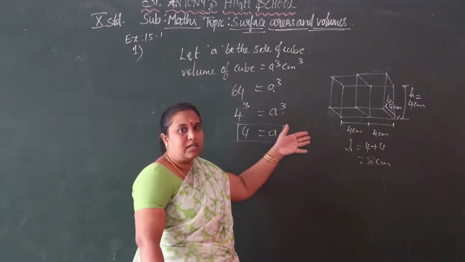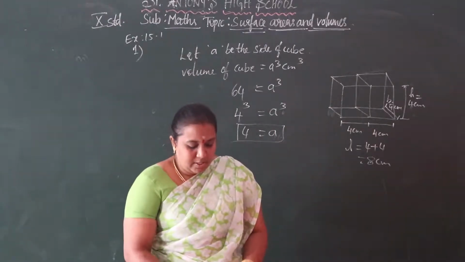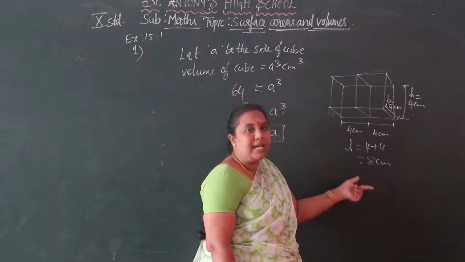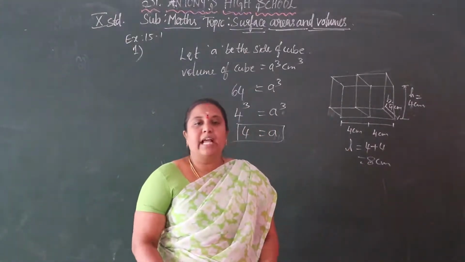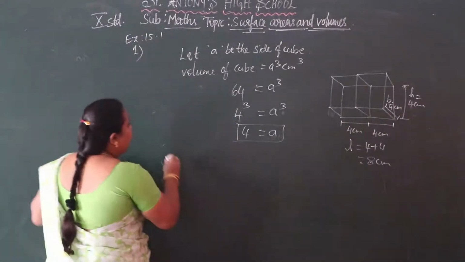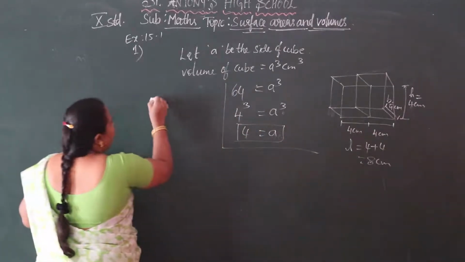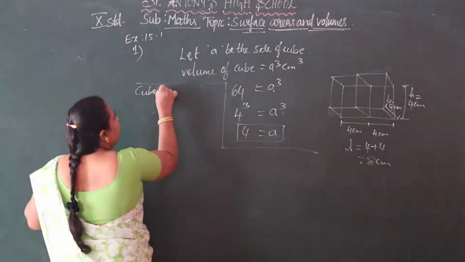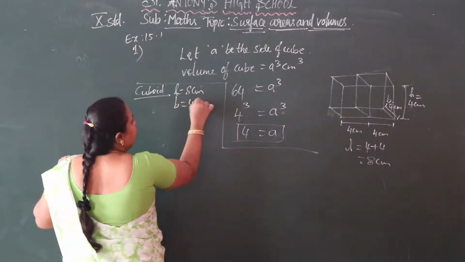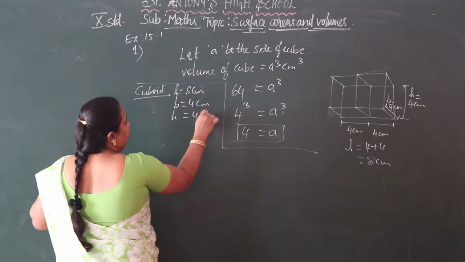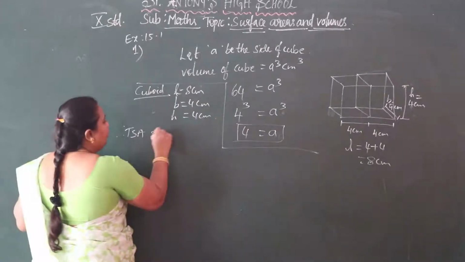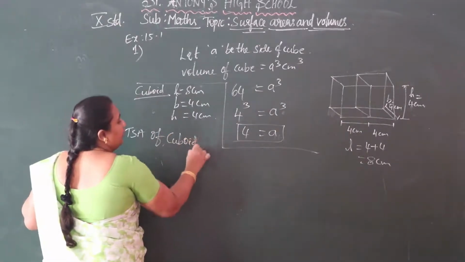From this we have to find the total surface area of the cuboid.